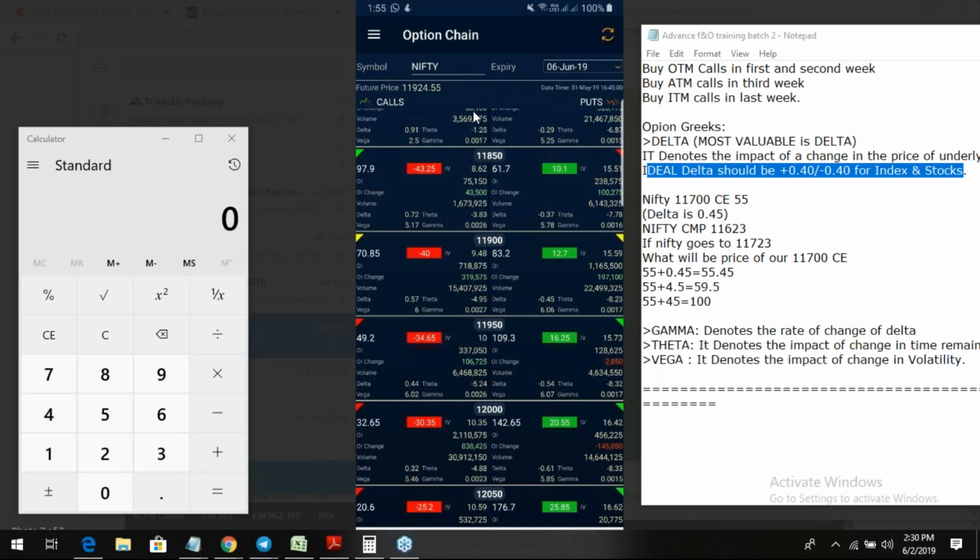Everything is future. No spot, nothing. Only future price. Now everyone understood what is delta and what is gamma. Gamma denotes the rate of change of delta, means how much delta will change. Who shows us? Gamma shows us.